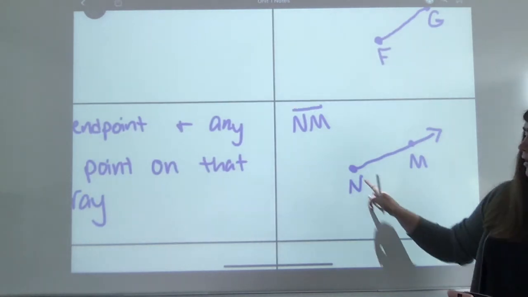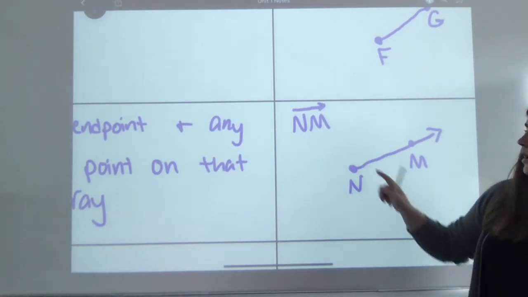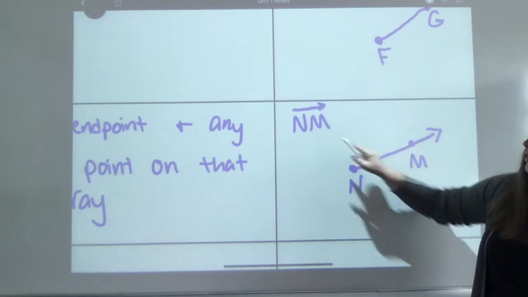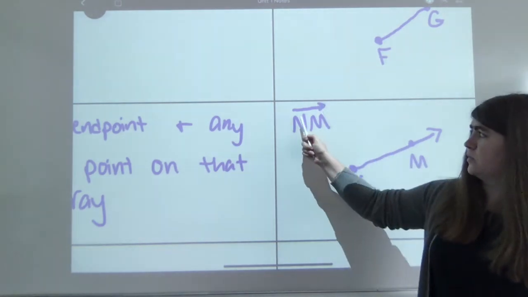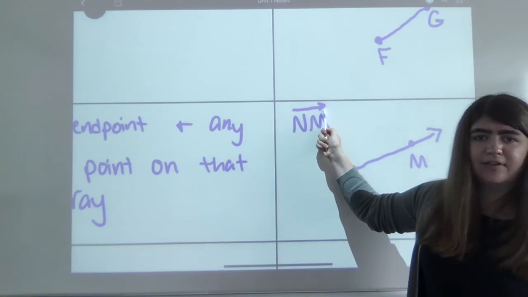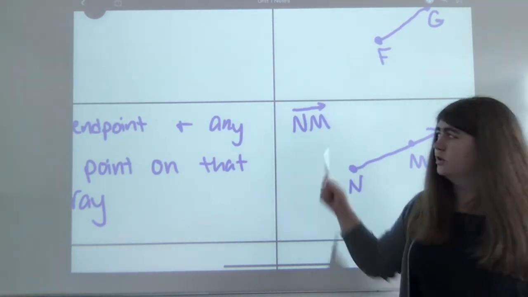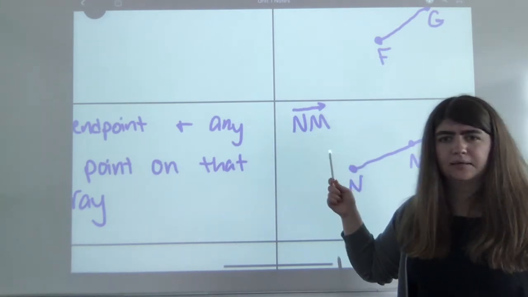N is the endpoint, so that side is blank. M is what N is pointing towards, so that is where the arrow goes. This reads ray NM. If it didn't have any arrows, it'd be a segment. If it had 2 arrows, it would be a line. 1 arrow, it's a ray.